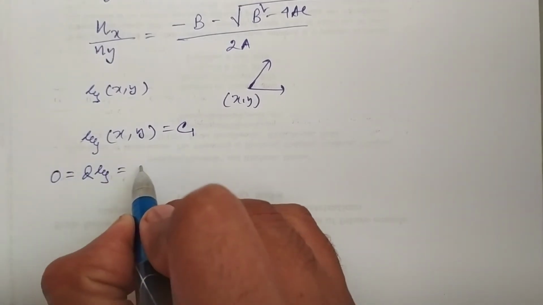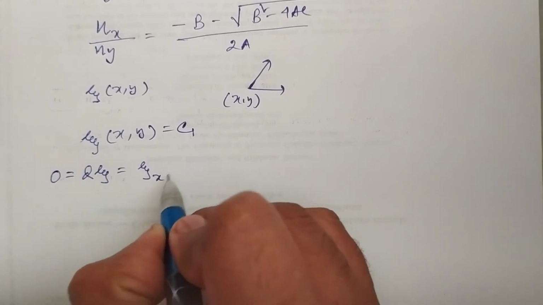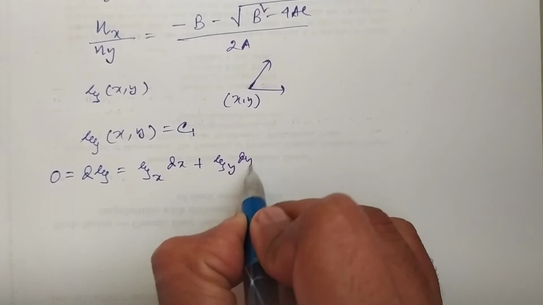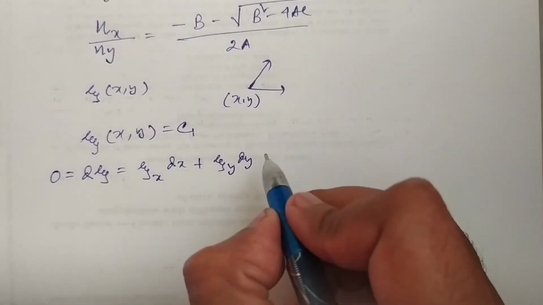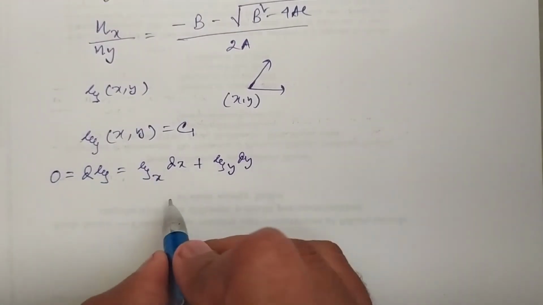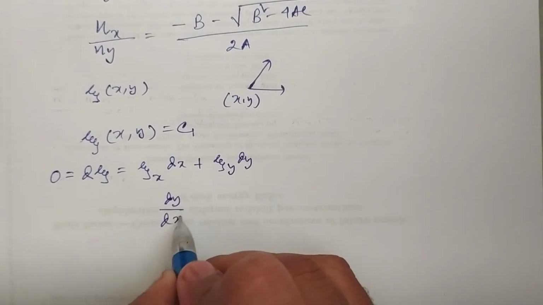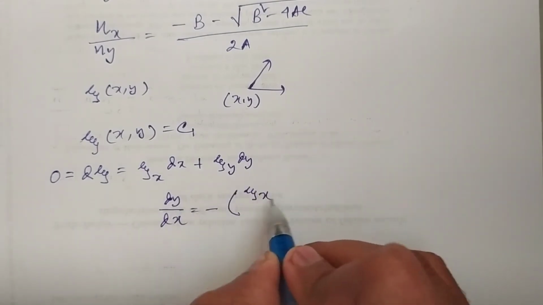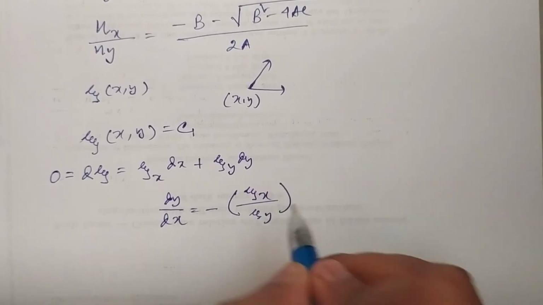And d xi is equal to xi_x dx plus xi_y dy. As this is equal to 0, you can write dy/dx is equal to minus xi_x over xi_y.